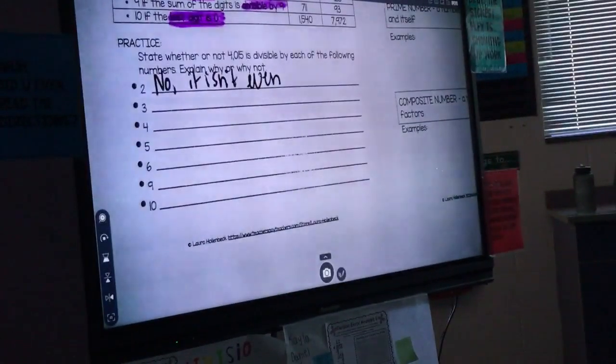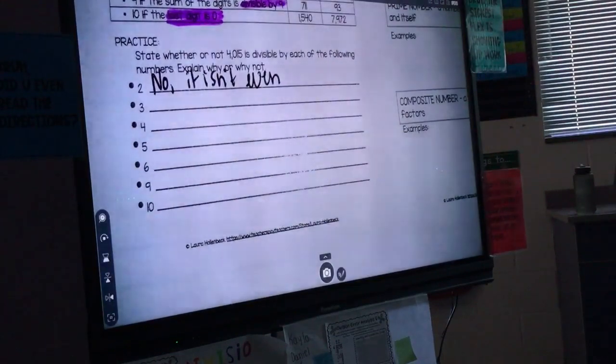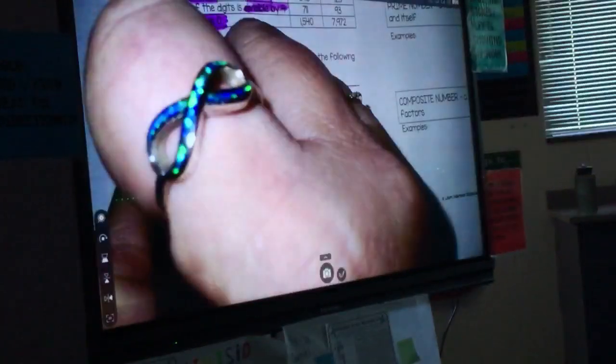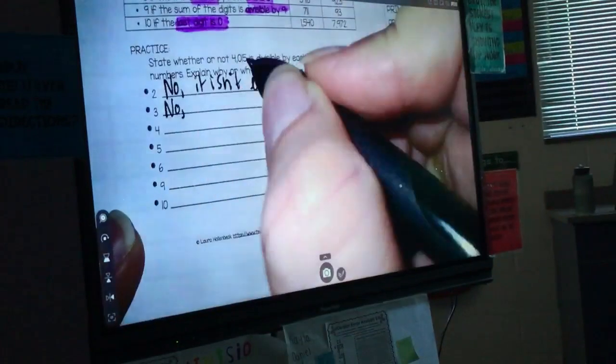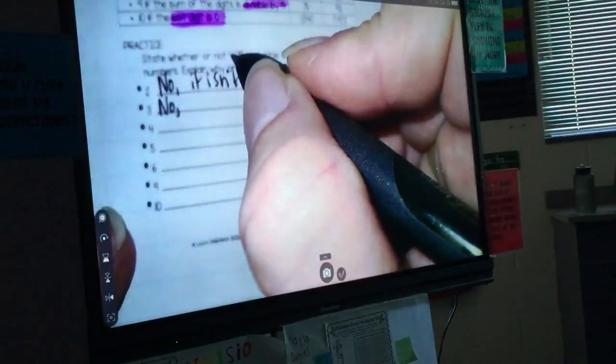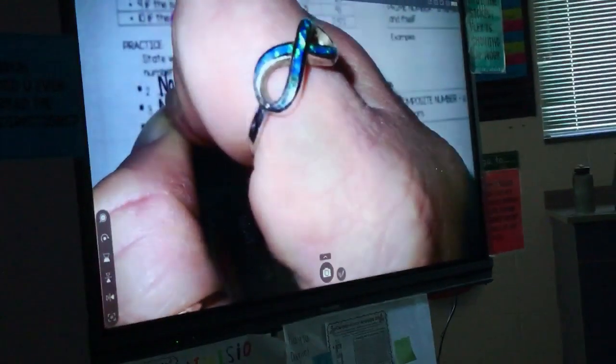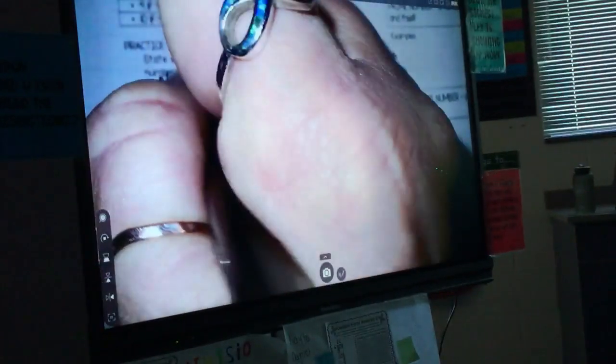All right, 3. Is it divisible by 3? No. It's not divisible by 3. Okay.